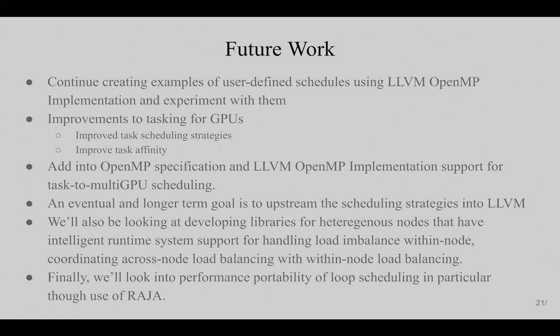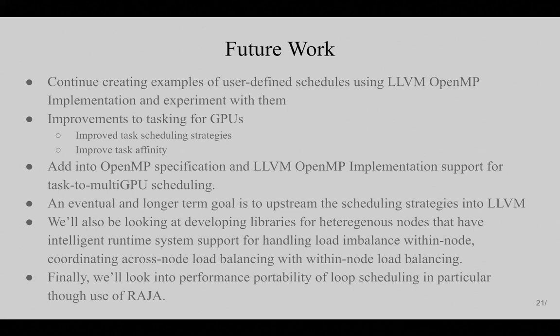In the next year, in preparation for the OpenMP 6.0 release, which is in FY 2023, we will be looking at the task to multi-GPU scheduling and user-defined schedule proposals and trying to push those in. And also a long-term goal is to upstream our implementations into LLVM.